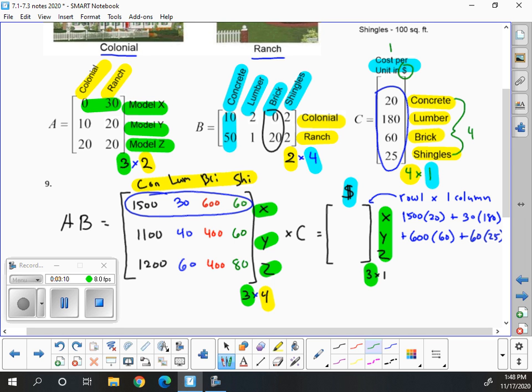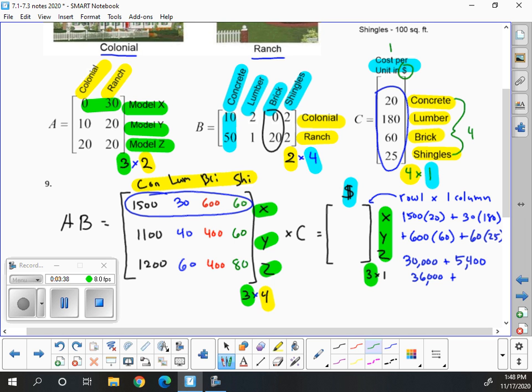So this 20 times 1,500 is going to be 30,000. This 30 times 180. Now I'm doing a little math in my head. You guys can fix this later if I mess up. I think that's 5,400. And then 60 times 600, I think, is 36,000. 3 zeros and 36.